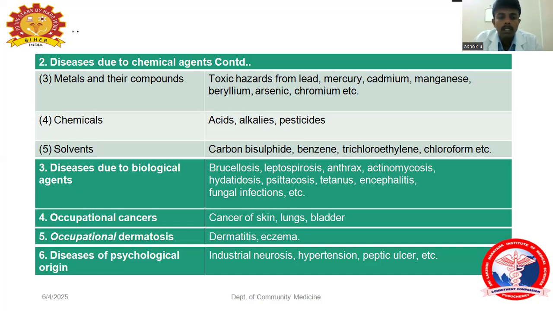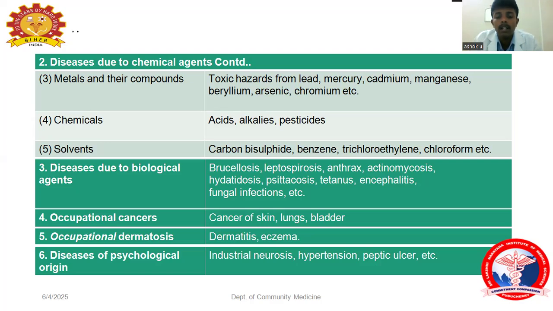Some of the diseases due to biological agents: those who are veterinary doctors, veterinary surgeons, and those who are involved in research, if they are in contact with certain organisms, can develop brucellosis, leptospirosis, anthrax, actinomycosis, psittacosis, tuberculosis, tetanus, encephalitis, fungal infections, etc. Then we have occupational cancers, that is, cancers resulting from occupation where certain chemicals or dyes are used.